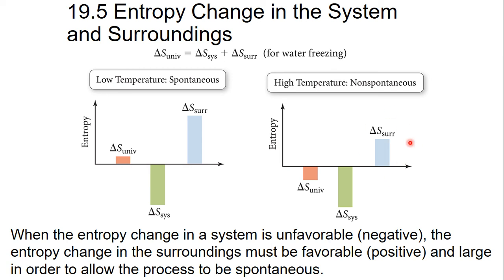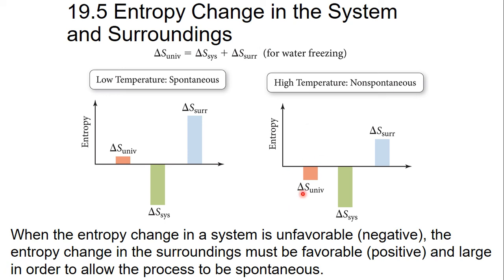At high temperature, the change in delta S surroundings isn't that much. Based on the equation we just talked about in the previous slide where we're dividing by T, the higher the temperature, the lower the change in delta S surroundings. To get the entropy of the universe, you just add the entropy of the system plus the surrounding, because the universe is everything.